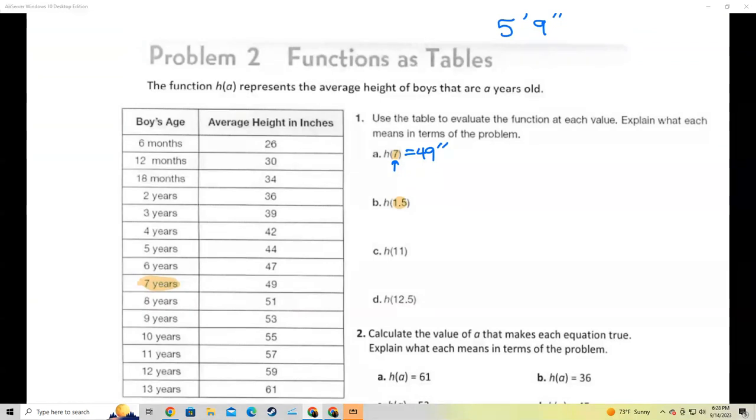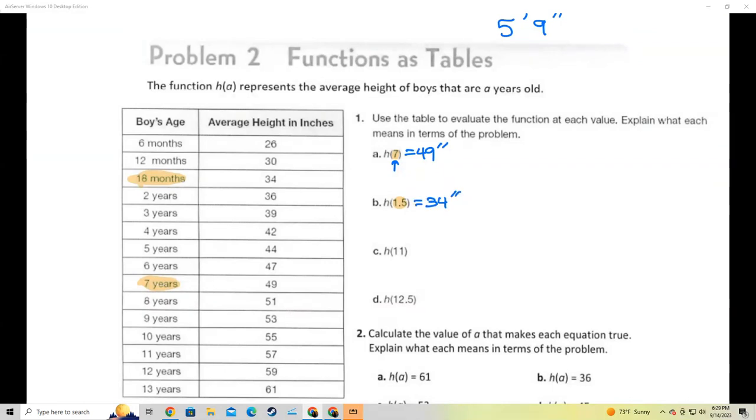That would mean it's 18 months. So this 18 months is actually what they're talking about right there because it's 1.5 years. So what does that match up with? It matches up with the 34 height in inches on the right-hand side. So I'm going to go ahead and write h of 1.5 equals 34 inches.